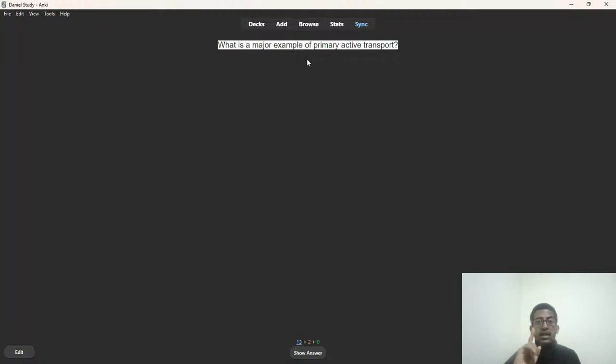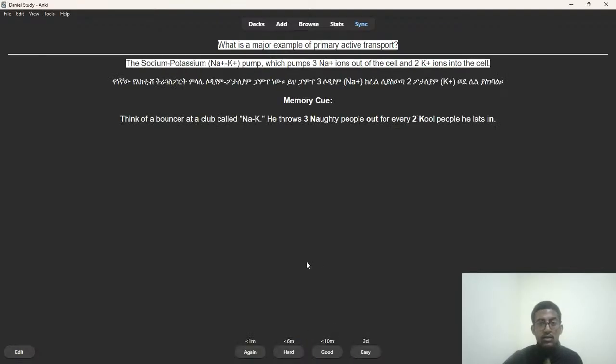For primary active transport, there are two active transport methods. The first one is like you can use ion channels. Oh, sodium, of course we know sodium. So one of them is the sodium and potassium pump.